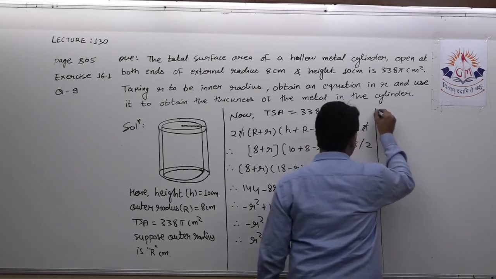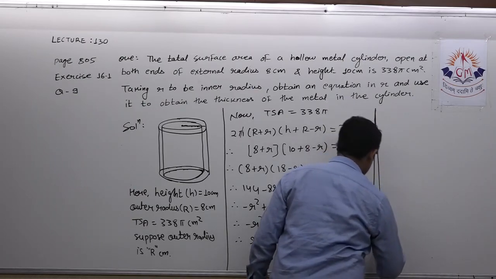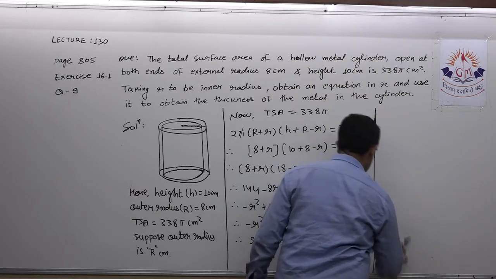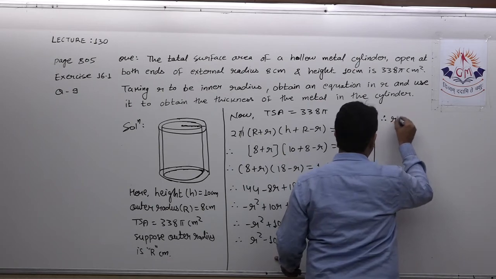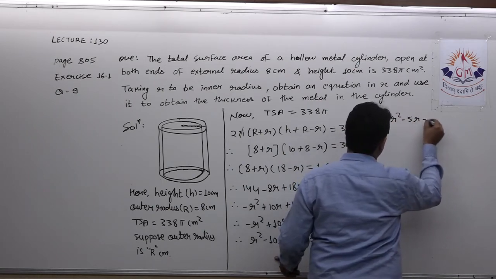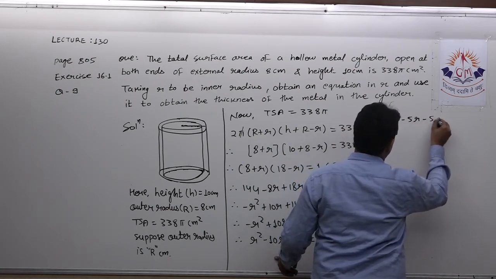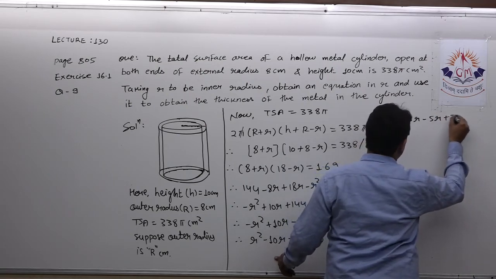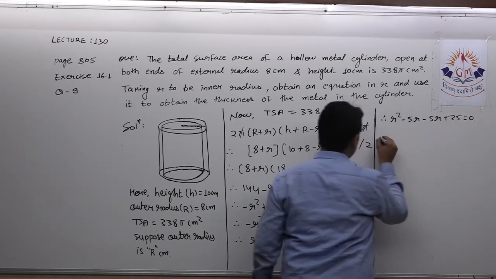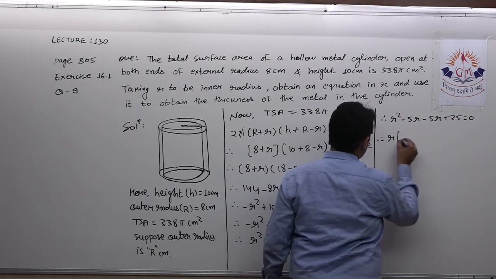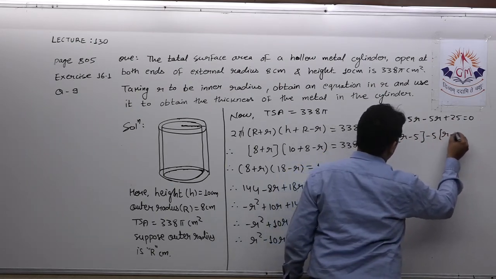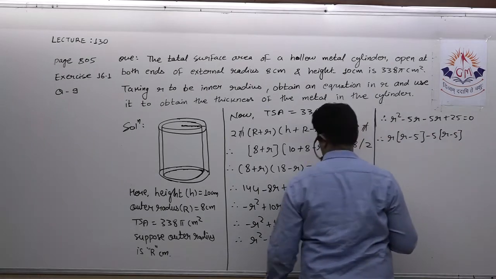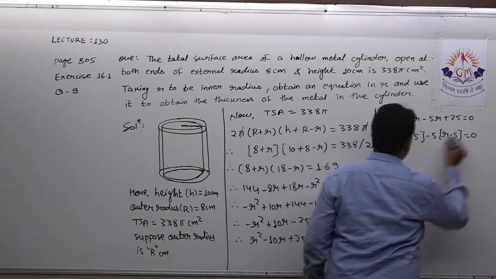Therefore now r square, splitting the middle term, minus 5r minus 5r plus 25 is equal to 0. So I can take r common, so r minus 5, again minus 5 common, so r minus 5 is equal to 0.